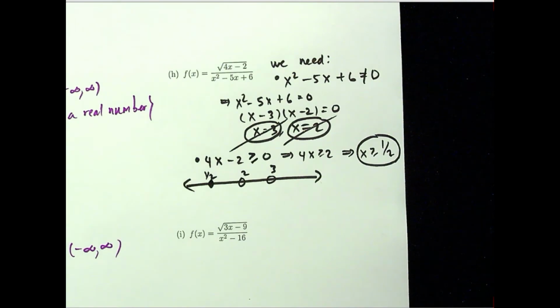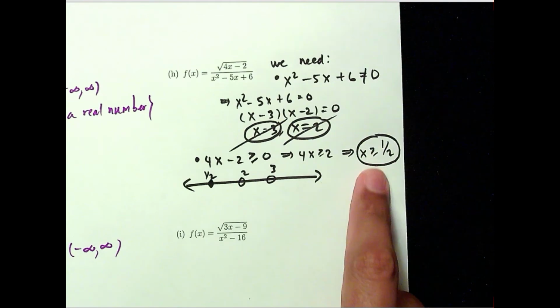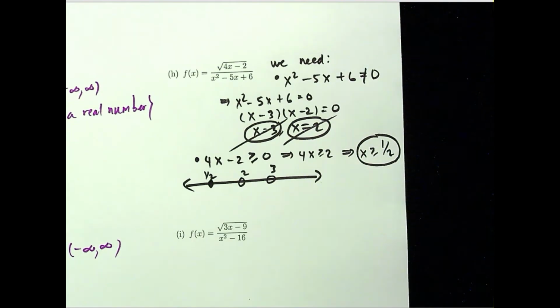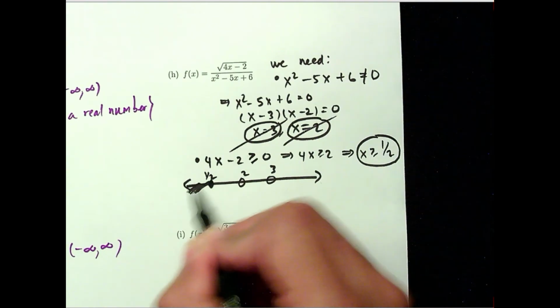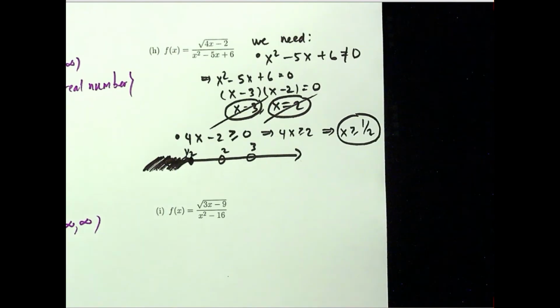So this is what I want: all numbers bigger than or equal to a half. Numbers smaller than a half, to the left, cannot be used. They're not part of the domain, so you have to discard them. And then you want everything else except these two.